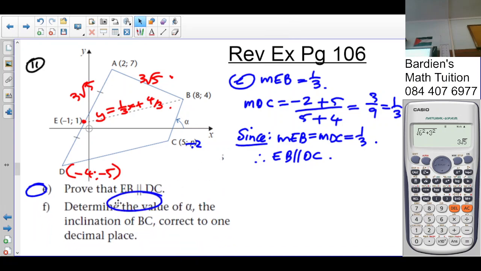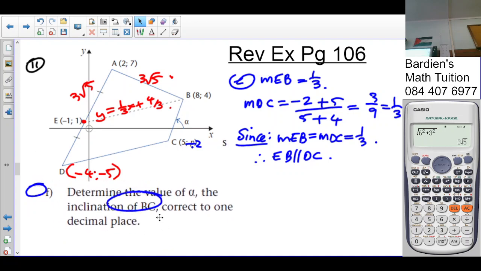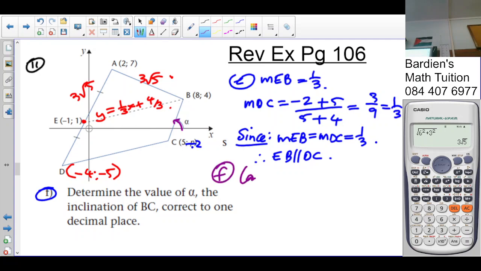And then the question says, determine the value of alpha, the angle of inclination of BC correct to 1 decimal place. So that is this angle indicated there. So how do I calculate the angle of inclination? Use tan of alpha in this case.